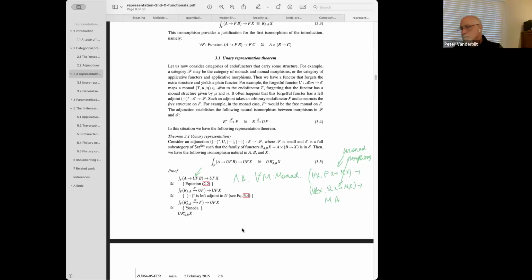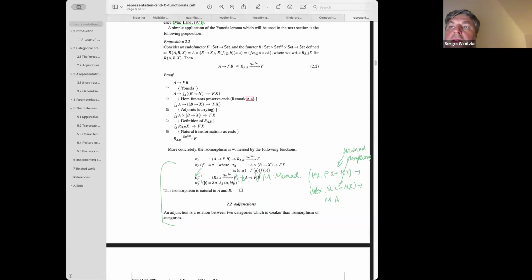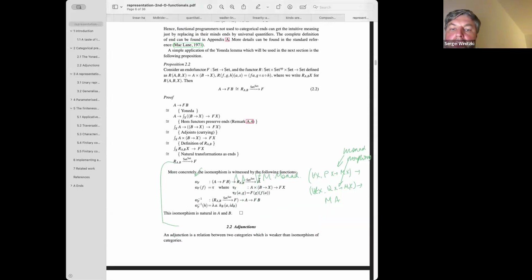But I just want to say that I was able to go through this proof step by step. Go back to 2.2. What is the code that they showed in 2.2? Go back to 3.4. So in 2.2 they have the right code, following functions, alpha. So you have these functions. They give this code, and then 3.4 is again specific code that you can write down, and so on.